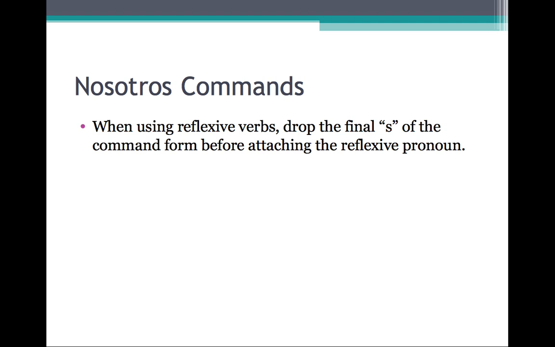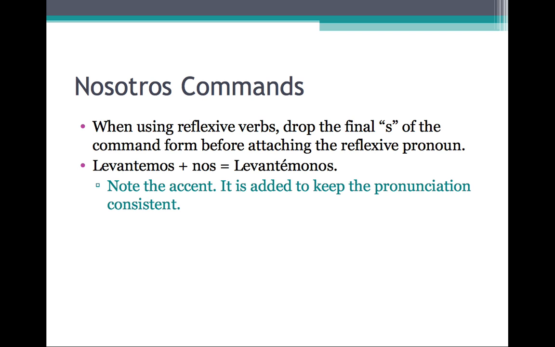So if it's a nosotros command, what's the reflexive pronoun going to be? Nos. Very good. So, have you ever heard of vámonos? That's where it comes from. Okay? Vámonos is vamos. You drop off the S and you attach the nos on it.